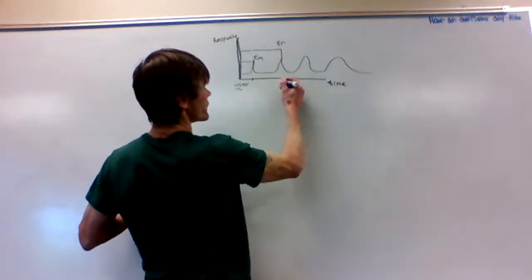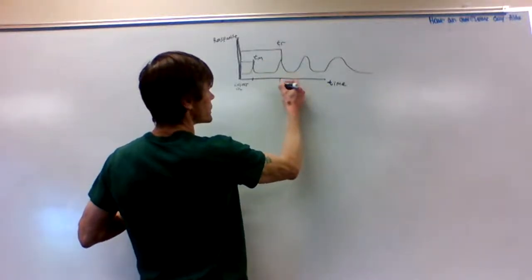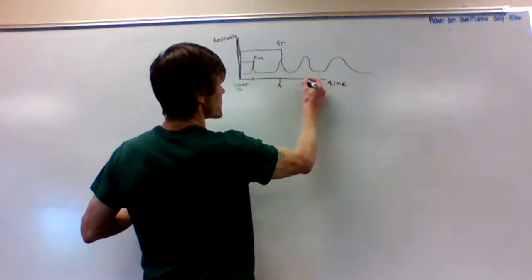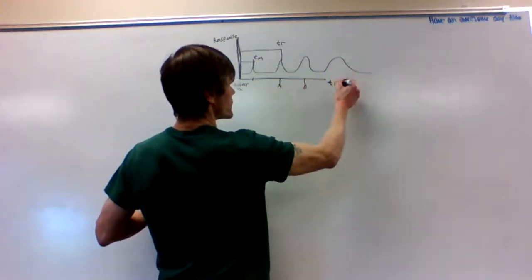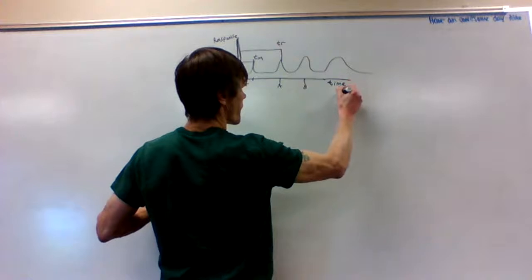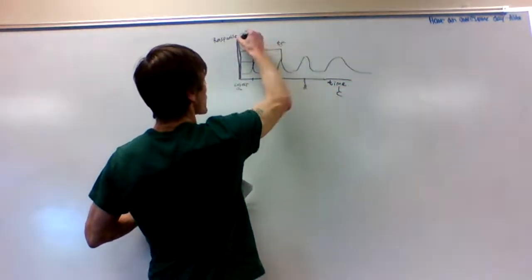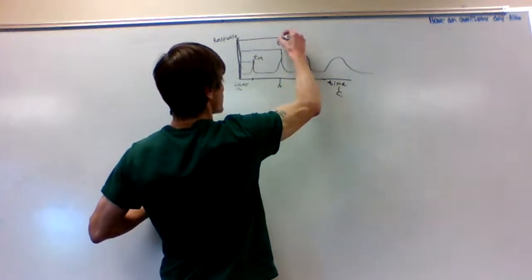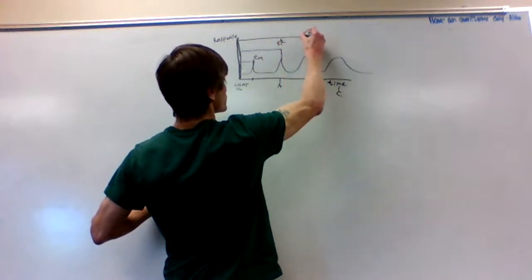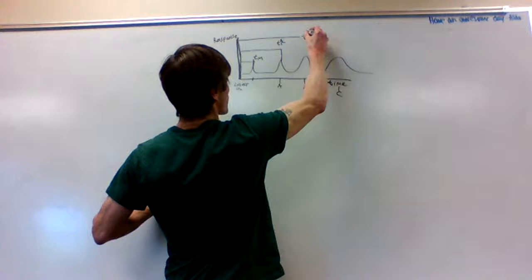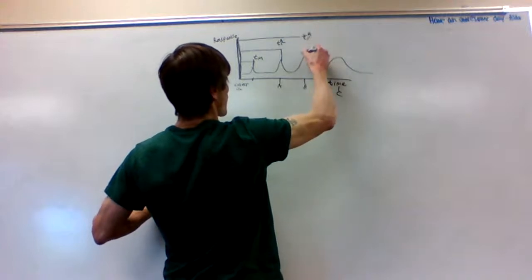Let's give these names now. Let's call this peak A and this peak B. And this is peak C down here. Well, what I can do, this is the retention time for A, and this would be the retention time for B.